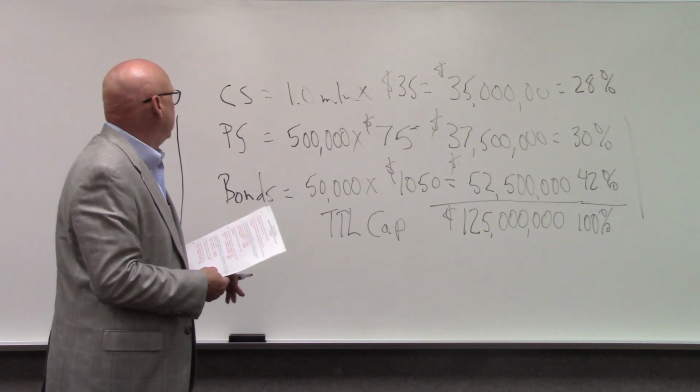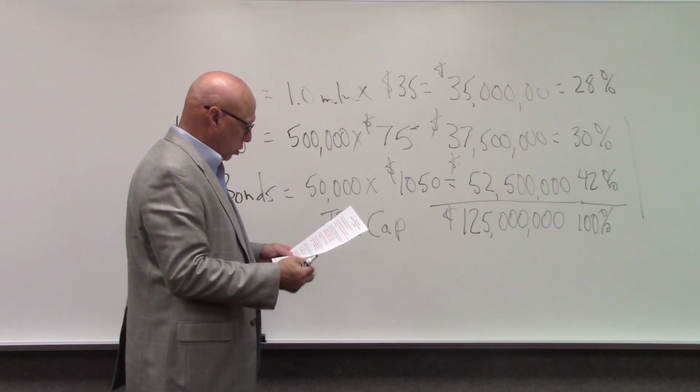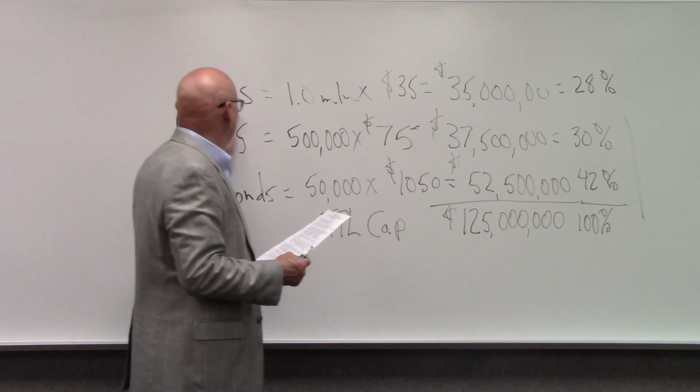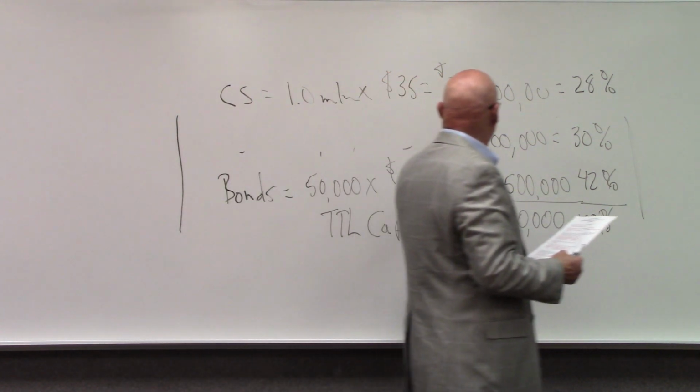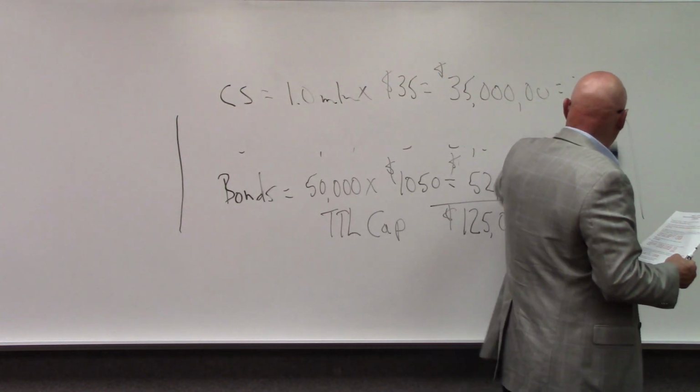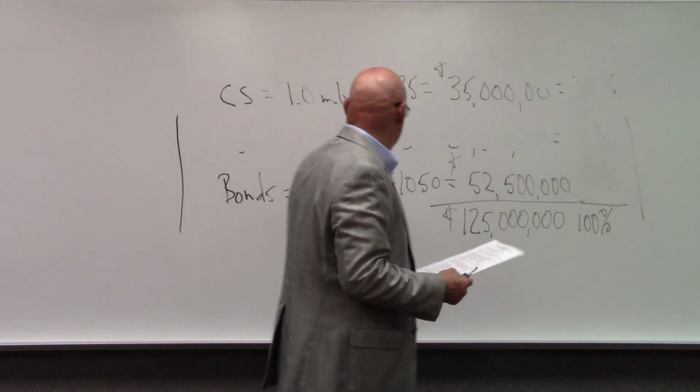Question number 6. So we're going to work this again. Question number 6 only has bonds and stocks, so we're going to take this out. We can leave the 100% because it's got to be 100%.